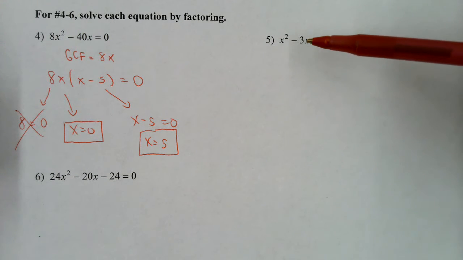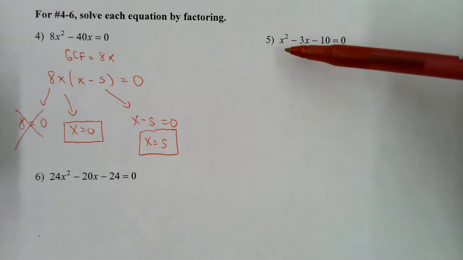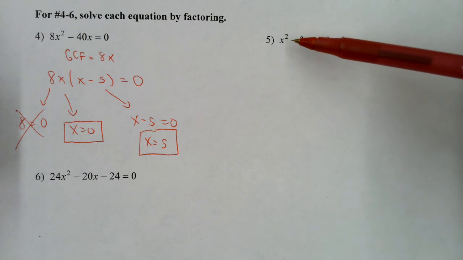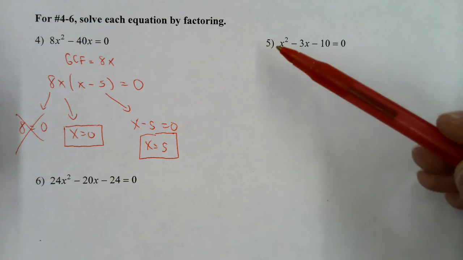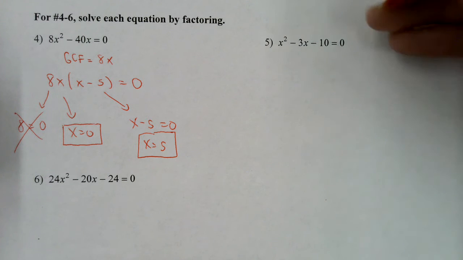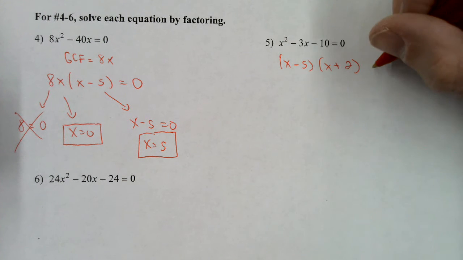Okay, this next one. It's already equal to 0. That's good. There is no GCF. And it's 1x squared. A trinomial where it's 1x squared, these are the quick factoring ones. You just have to find two numbers that multiply to negative 10 and add to negative 3. Those numbers are going to be x minus 5 times x plus 2.